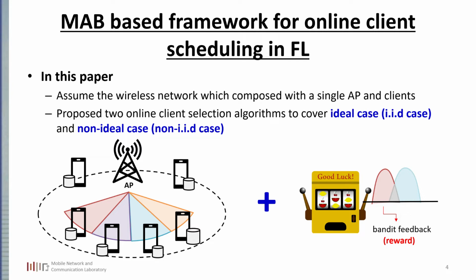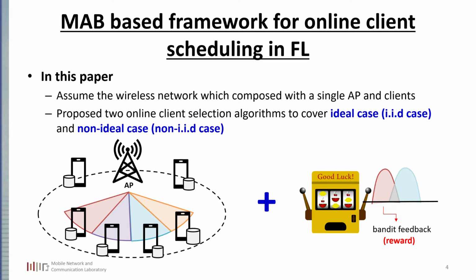This work provides a multi-armed bandit-based framework for online client scheduling in federated learning. And this client scheduling should be done without knowing the wireless channel state information and statistical characteristics of the clients. In this paper, they consider a wireless network composed of a single AP and clients. And they propose a client scheduling algorithm based on the upper confidence bound policy, that is CS-UCB, for ideal scenarios.